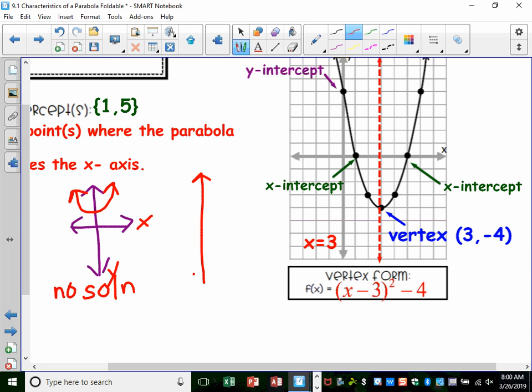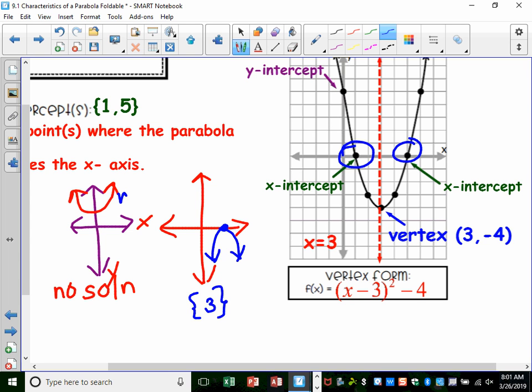You could also have a situation where you only have one x-intercept. And that's really when the vertex of the parabola is touching at one point. So you would just have one answer, like 3. So for parabolas, you could have 2 like this.